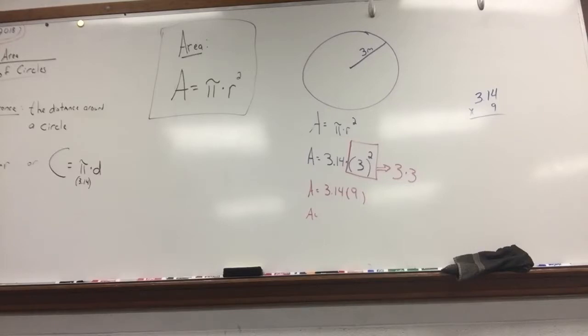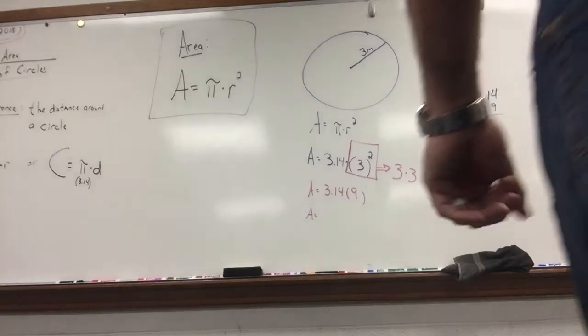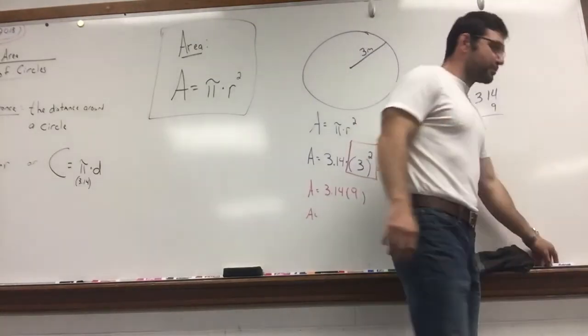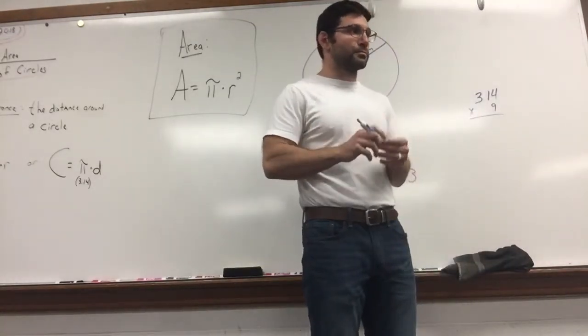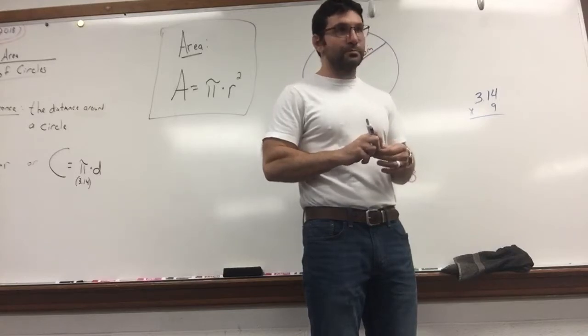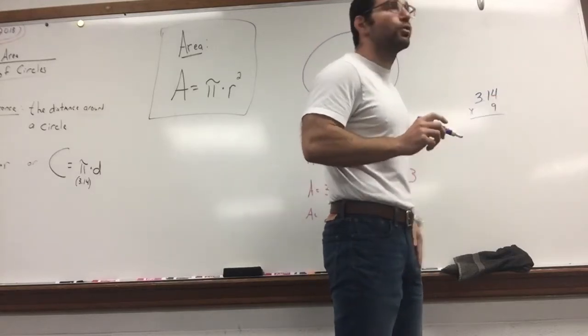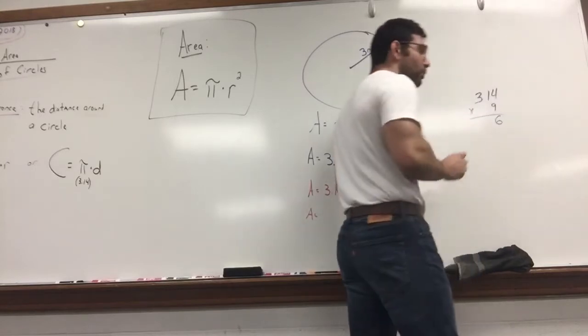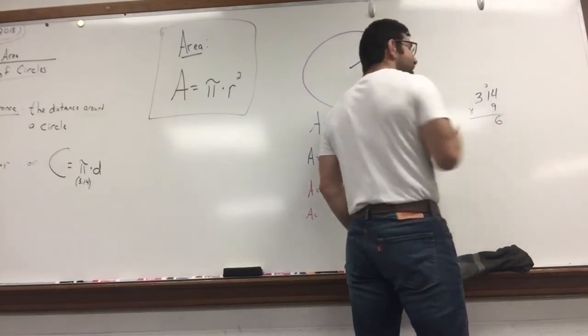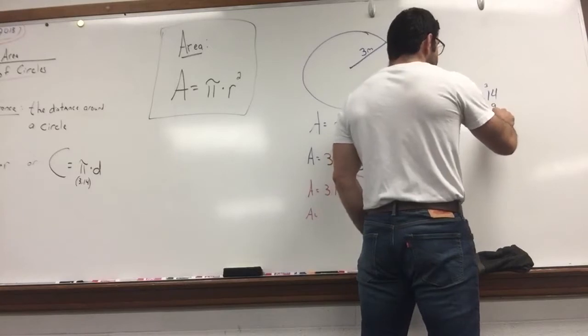Good. Okay. 9 times 4 is 36. We put the 6, we carry the 30. 9 times 1 is 9, plus 3 is 12.